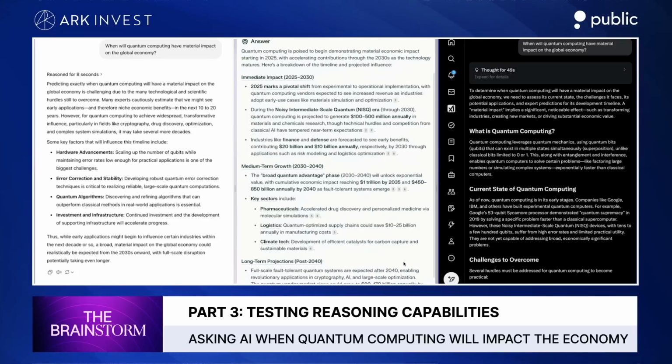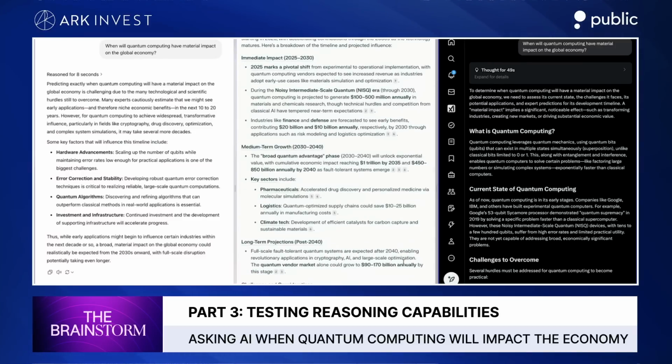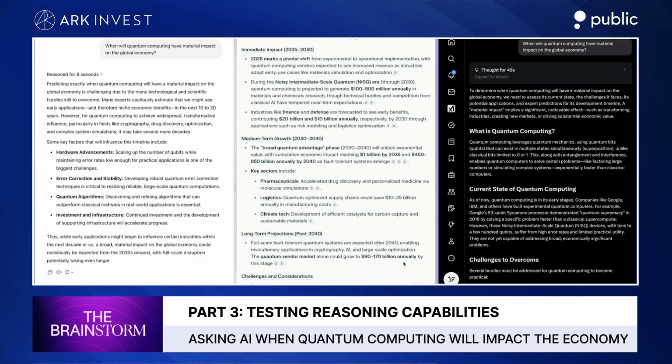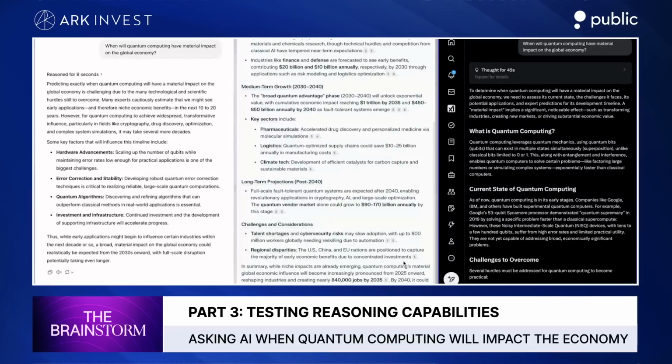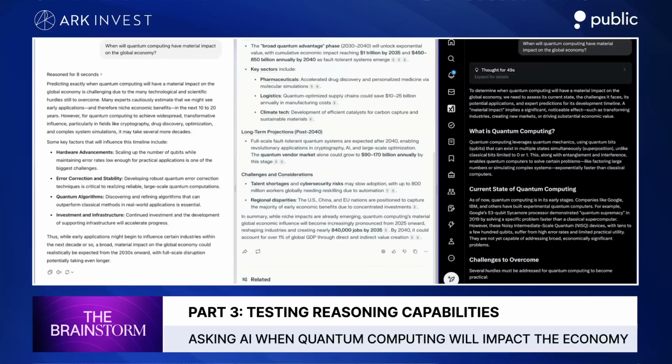They said, here's what the reports are saying, 100 to 500 million annually through 2030. Medium-term growth, 2030 to 2040, gives some numbers, 1 trillion by 2035. Challenges and considerations: talent shortages and regional disparities. So pretty weak. Pretty interesting.